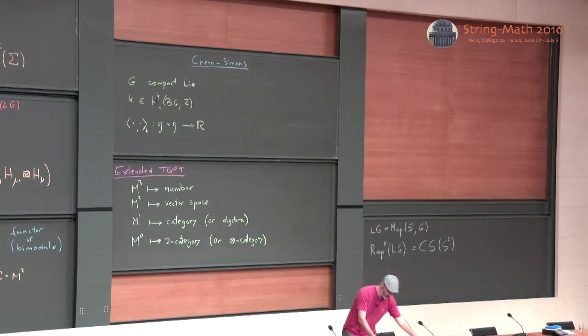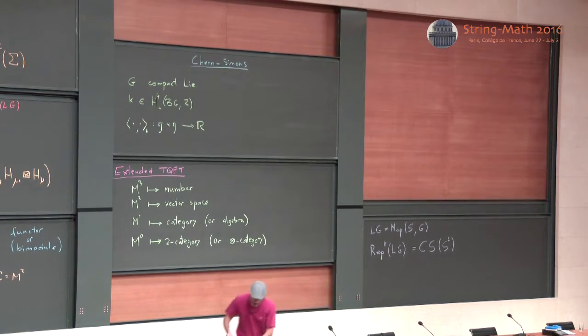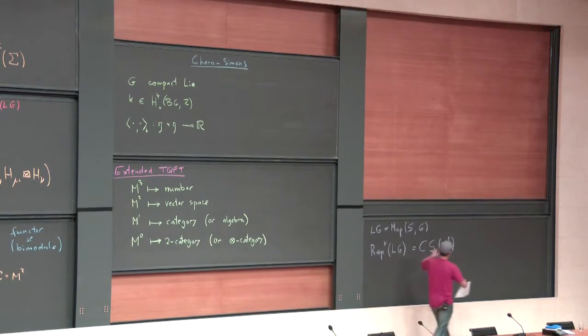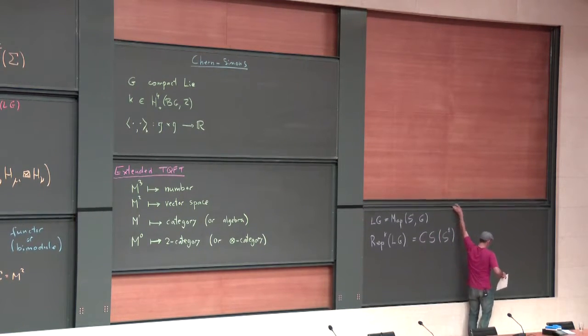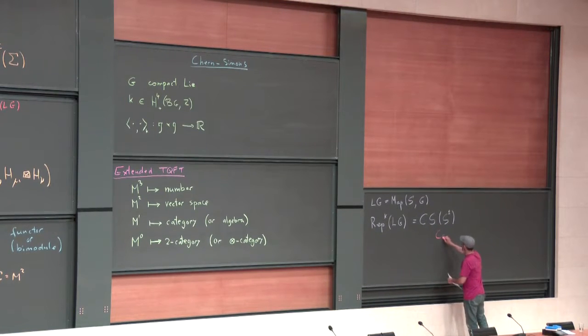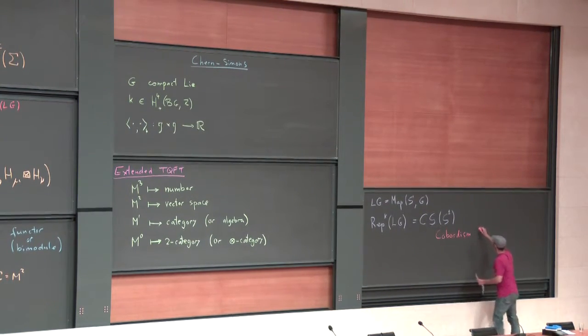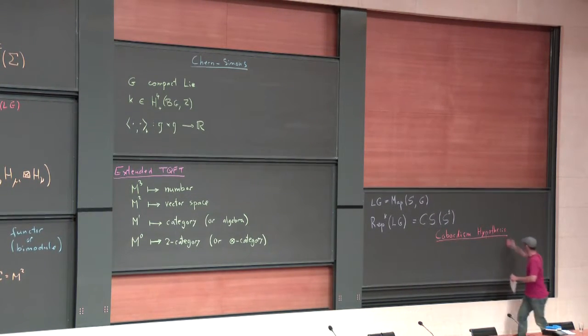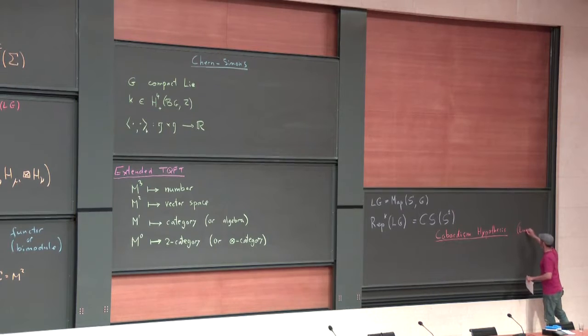Why is this important? It's important because of a theorem called the Cobordism Hypothesis. This was first proposed by Baez and Dolan, and then proven by Jacob Lurie.